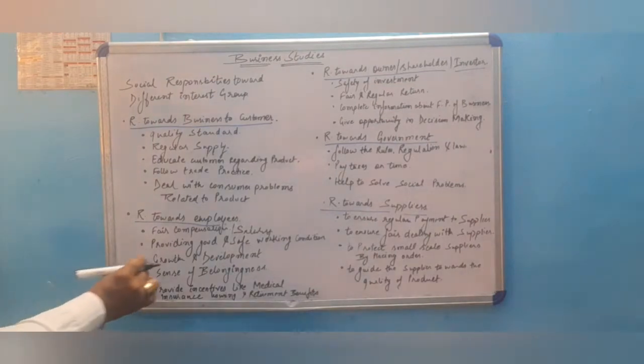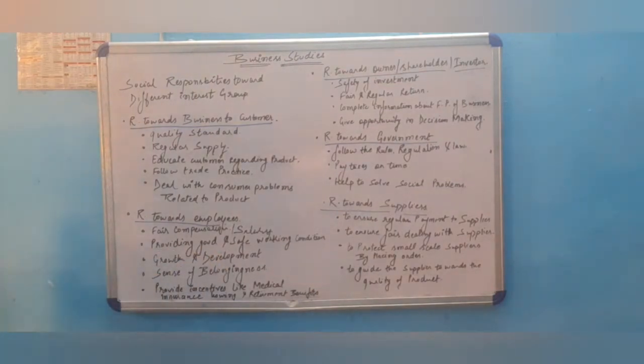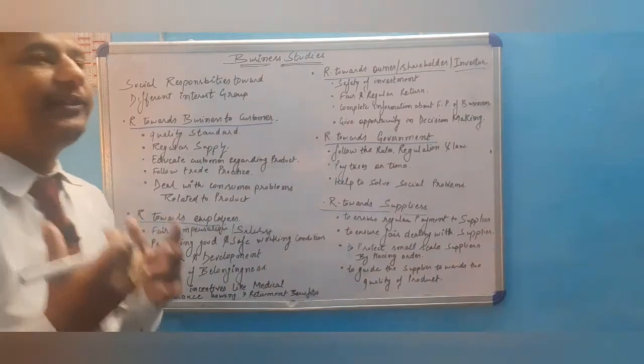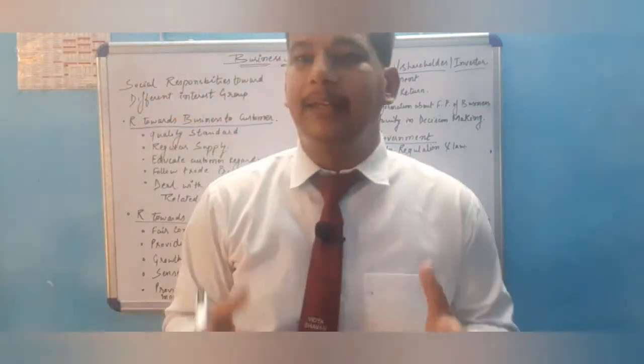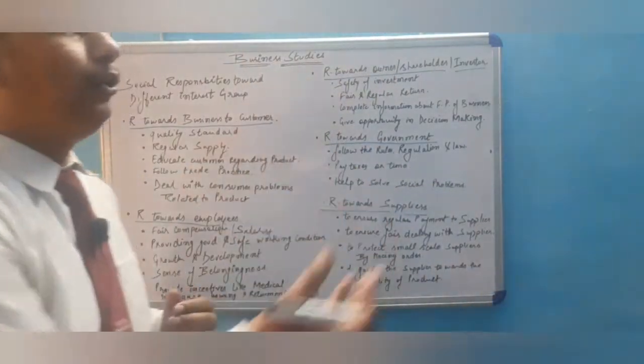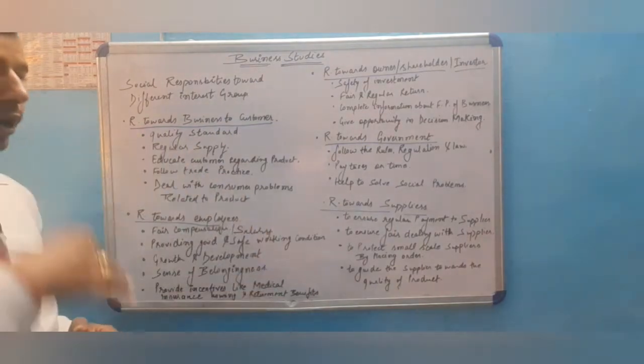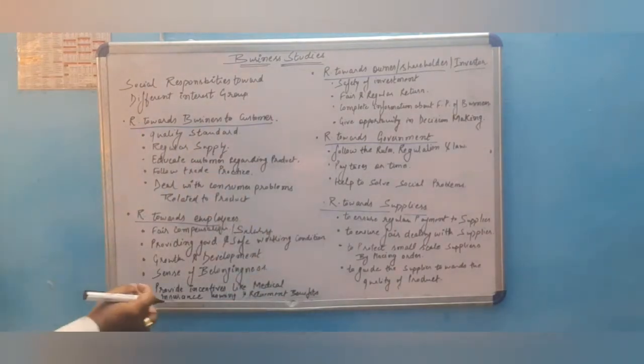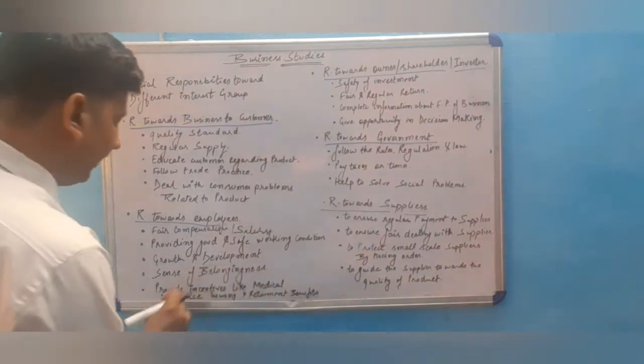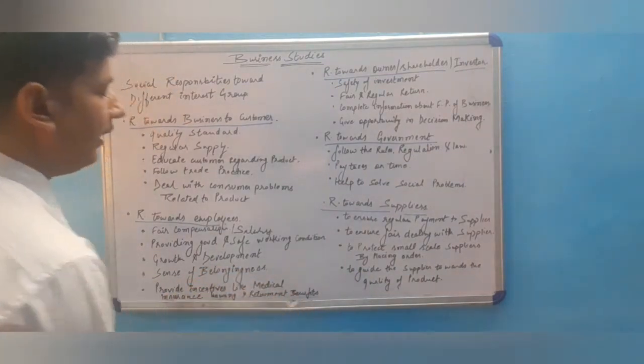Next one is sense of belongingness. While working in the organization, the employee should feel a sense of belongingness. They should not feel jealous or feel that they are a burden on the organization. Next one is providing incentives like medical insurance, housing and retirement benefits.